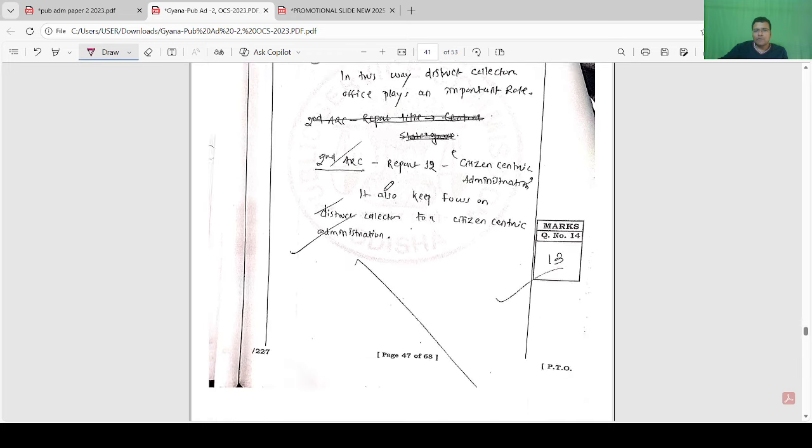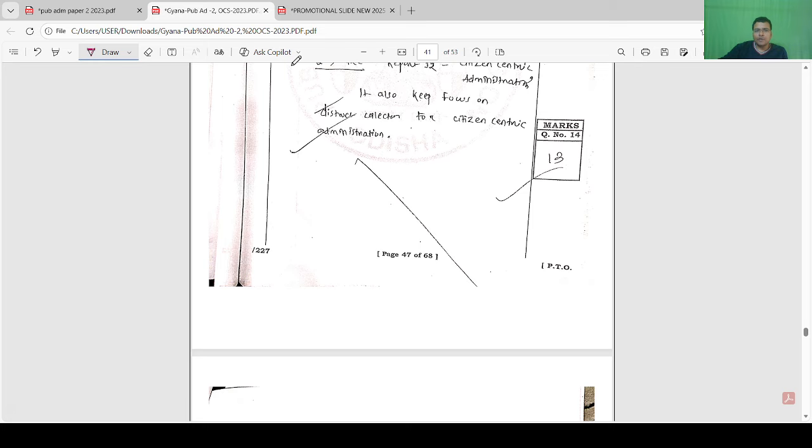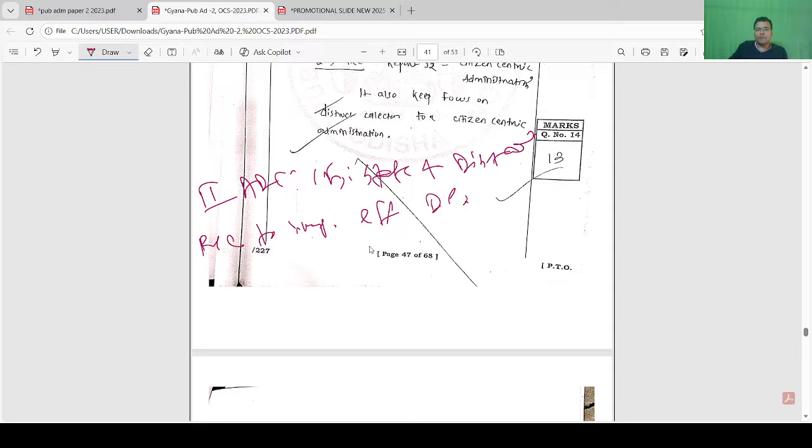Okay, what did he miss here? He missed the Second ARC 15th report, state and district administration, with recommendations to improve the efficiency of the DC.